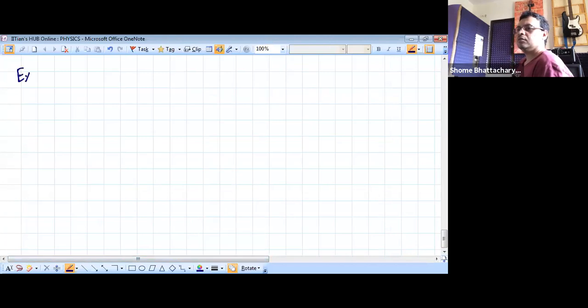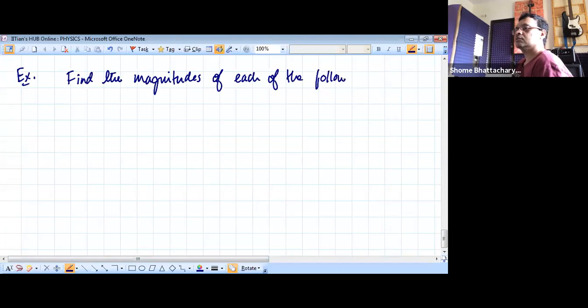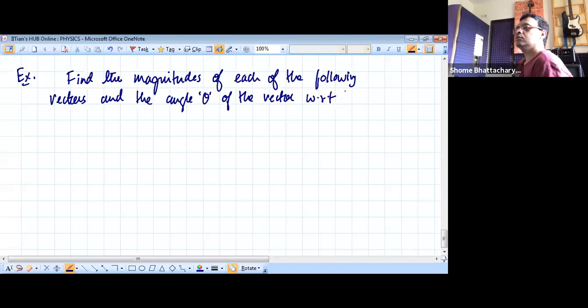Next example, find the magnitudes of each of the following vectors and the angle theta of the vector with respect to the positive x-axis.